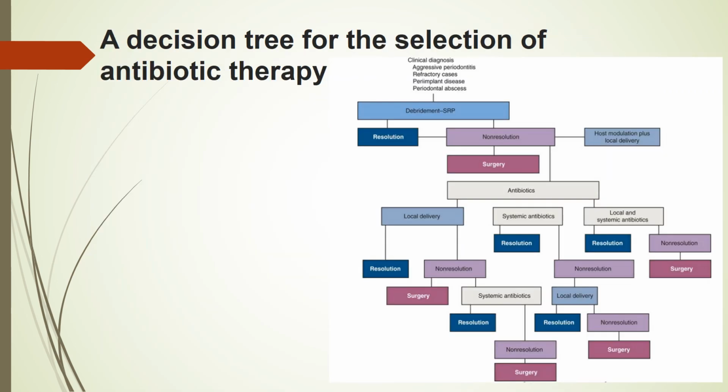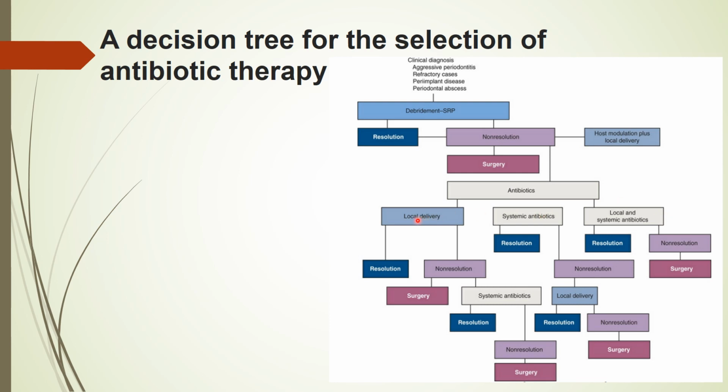This is a decision tree for the selection of antibiotic therapy. When you get a case, you can go to SRP, and if there is no resolution, you can go for surgery or try antibiotics. Under antibiotics, it can be local drug delivery, local and systemic antibiotics, or systemic antibiotics.